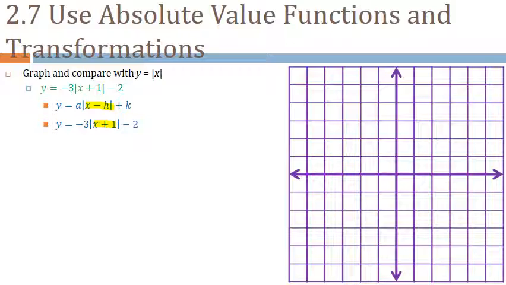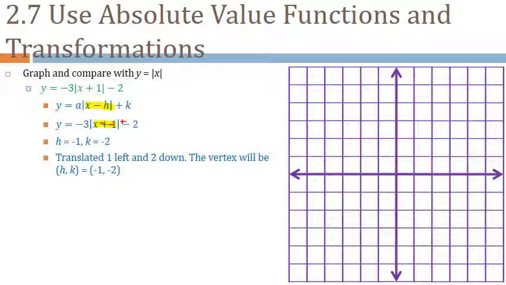We need that as a minus, so it's the same as having x minus a negative 1. That makes h negative 1, and the k, because minus 2 is the same thing as plus a negative 2, k is negative 2. So it's translated 1 to the left and 2 down. The new vertex will be negative 1, negative 2.